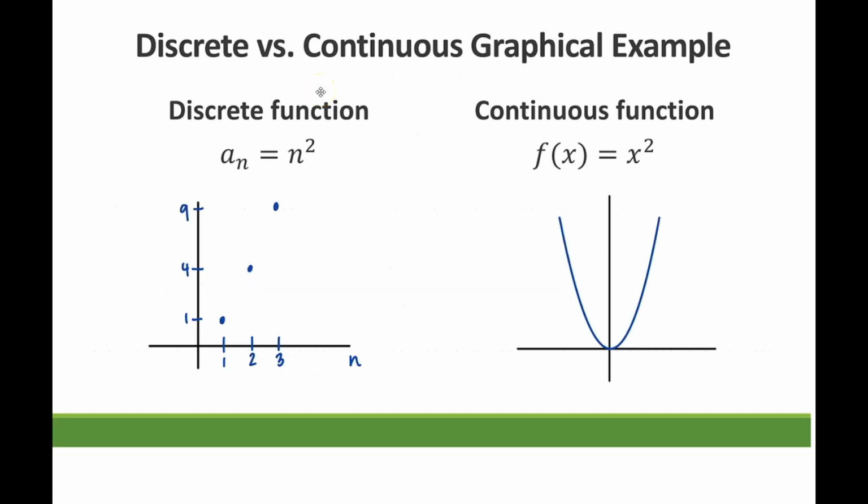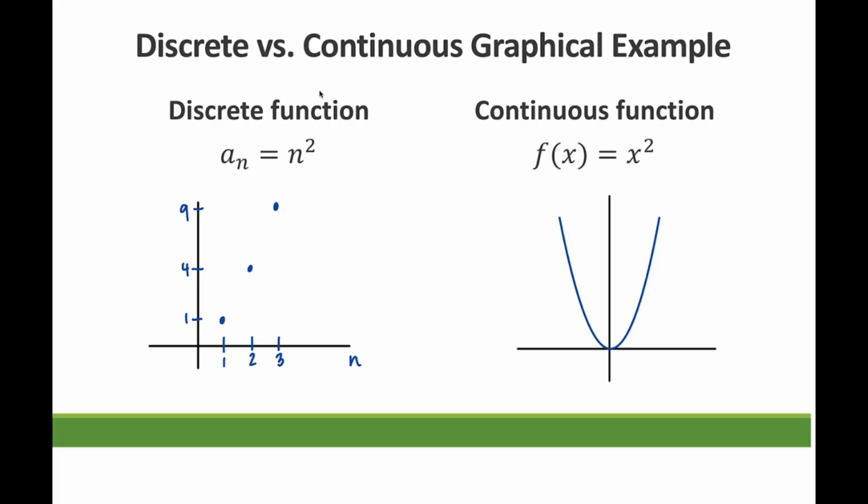Now let's compare discrete and continuous functions graphically. So an example of a discrete function, again, is the sequence a sub n equals n squared. On a sequence, we only substitute in the positive integers. So we go ahead and start at an input of 1 as our n value. 1 squared is 1, so we have 1, 1 as a point.